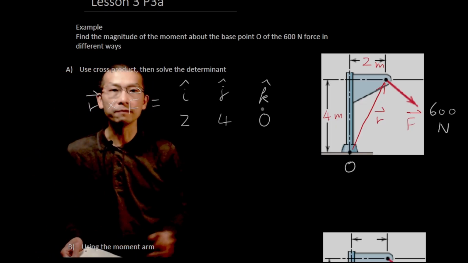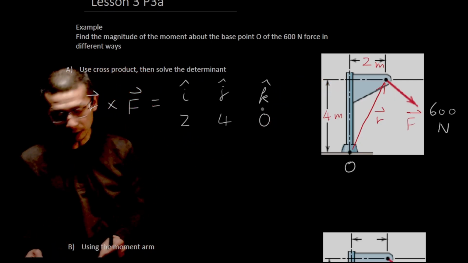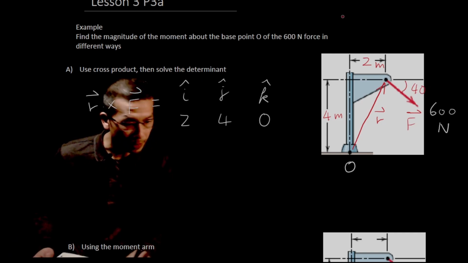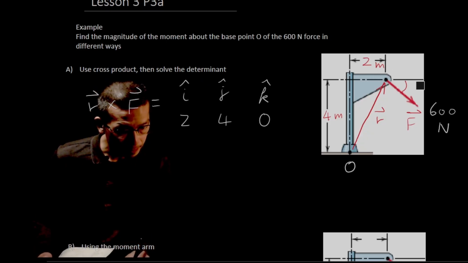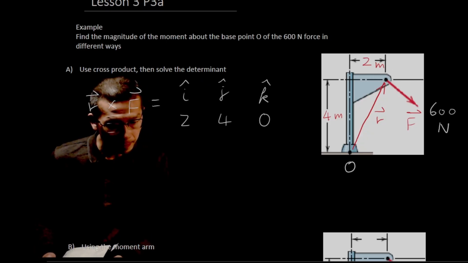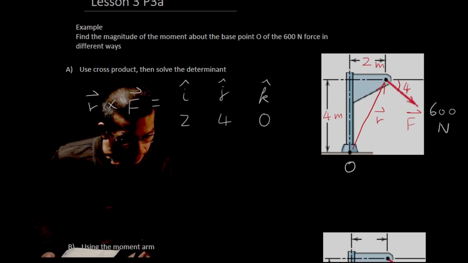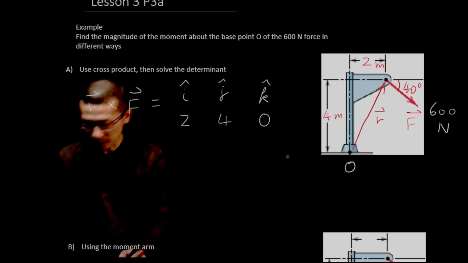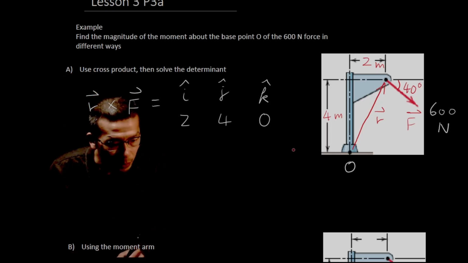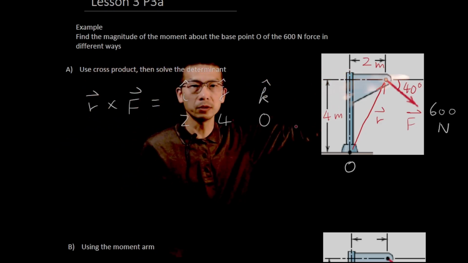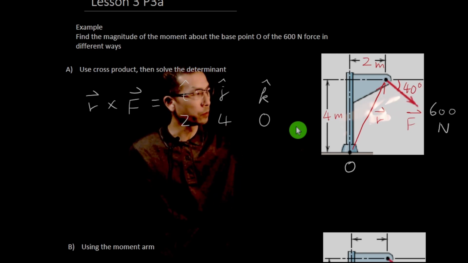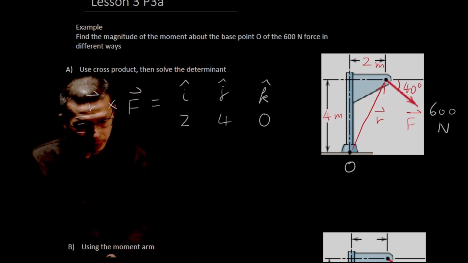And for the force vector, we need the angle. The angle here is given, 40 degrees. This angle here is 40 degrees. So the x component would be cosine 40, and the vertical y component would be sine 40. So let's write it out.